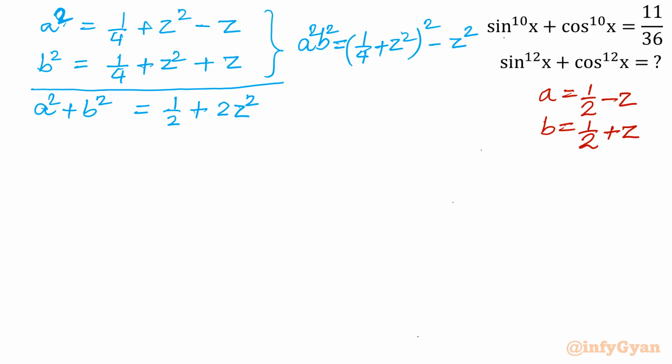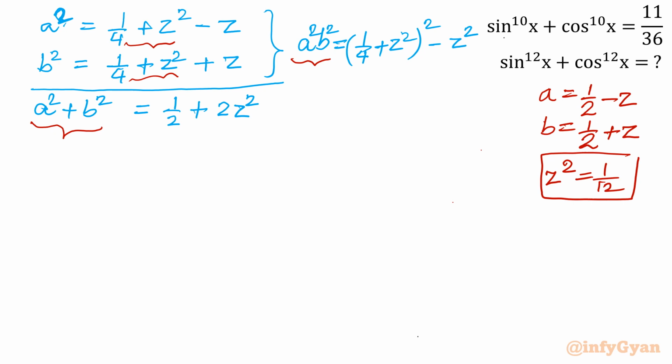Simply collecting the value of A square plus B square and considering the A plus B, A minus B form, we get A square B square. Now we only need to put the value of z square, which is 1 over 12. So A square B square will be (1 over 4 minus z square), that is (1 over 4 minus 1 over 12) whole square minus 1 over 12.